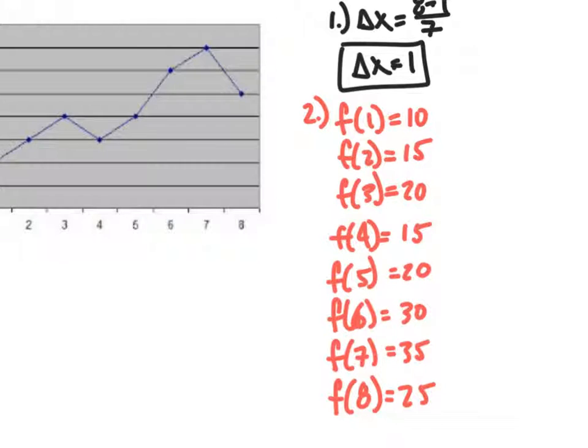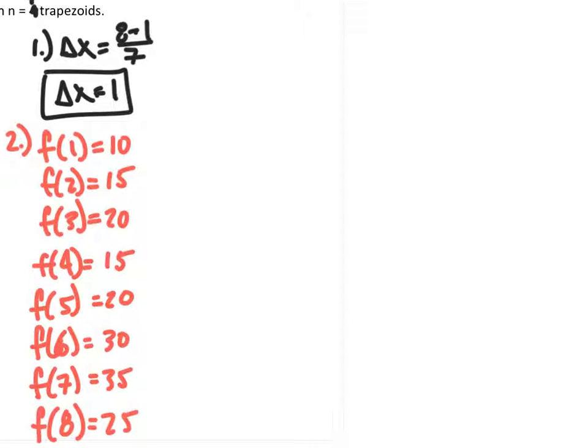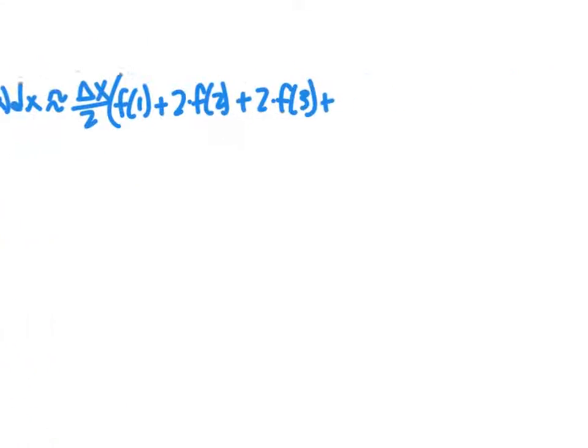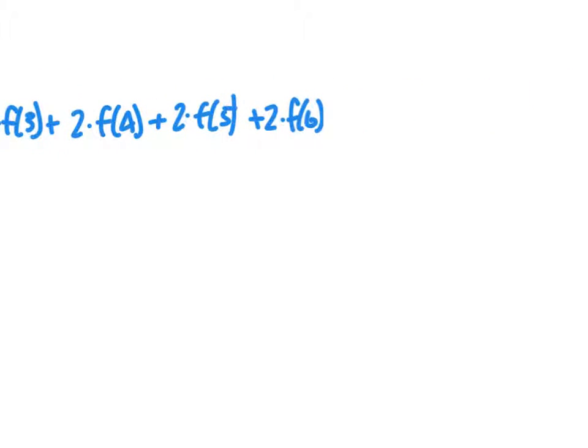So now I know what my delta x is, and I know what all these y values are. You can go in and draw the pictures of those trapezoids if you want, or if you just remember what you're supposed to do, it's really not too bad. So I'm going to integrate between 1 and 8 of f of x dx, and that's going to be approximately delta x over 2 times f of 1 plus 2 times f of 2 plus 2 times f of 3 plus 2 times f of 4 plus 2 times f of 5 plus 2 times f of 6, 2 times f of 7, and then just a single plus f of 8.